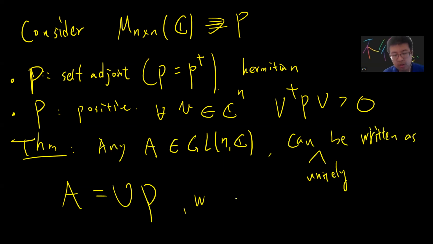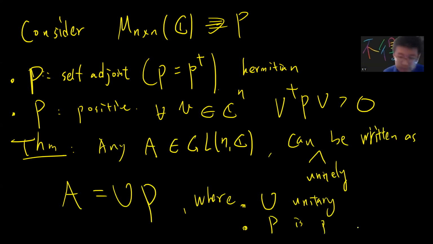Where U, in place of modulus 1 in the non-zero version, needs to be unitary, and the second one is that P is positive. You can view this as theorem 1.